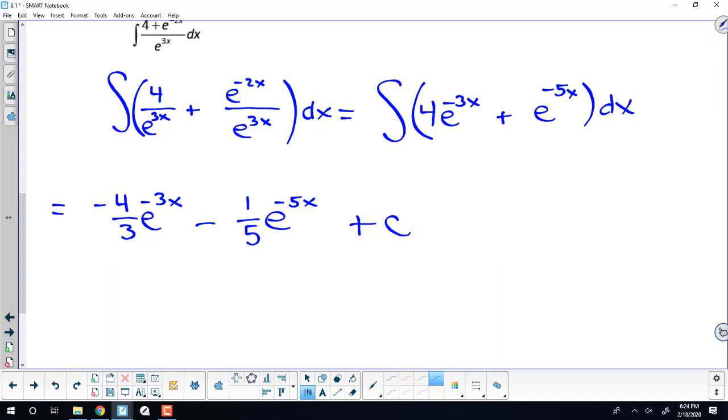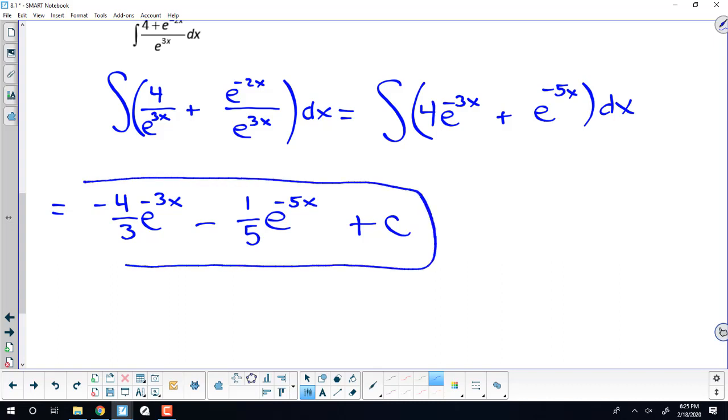So definitely, if you're not familiar with the ones on the first page, study those, look over those. Save you a whole lot of time. Otherwise, that's a u substitution. u is negative 3x here, u is negative 5x over there. It's kind of tedious.